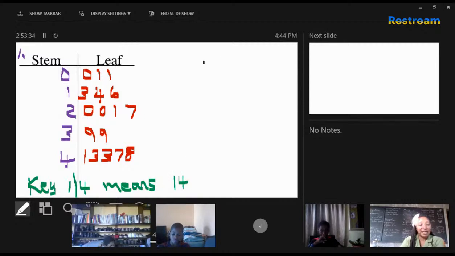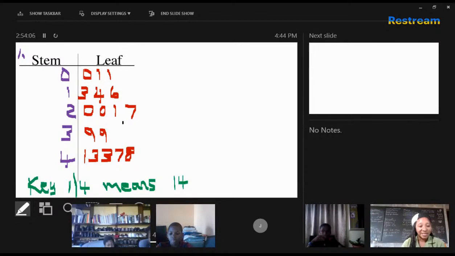So I was explaining that these digits over here don't represent just the digits. They represent a combination of the stem and the digits. So this is 0, 1, which is still 1. But the 3 here represents not 3, but 13, because it's 1, 3. 1, 4 represents 14, 16.